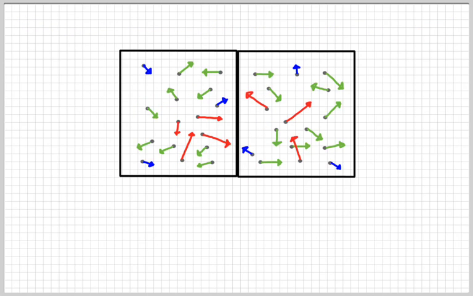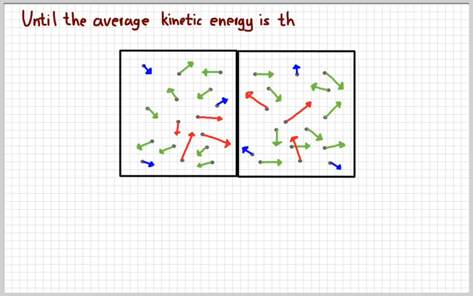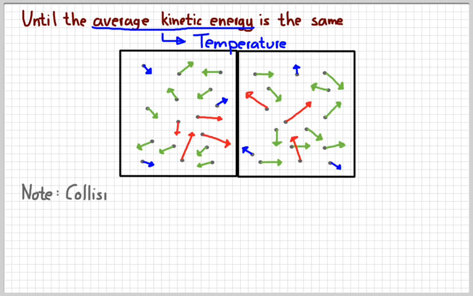Now this process is continually happening back and forth until the average kinetic energy, remember that's another way of saying temperature, is the same between both samples. Now that doesn't mean that all the collisions have stopped. The particles in the sample on the left are still colliding with the particles in the sample on the right.